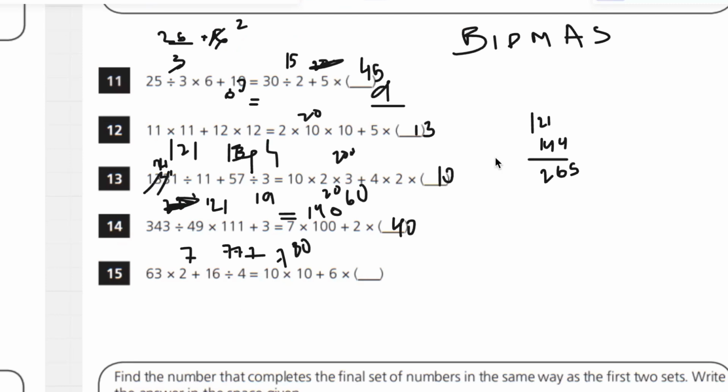And then 15 is 63 times 2, which is 126 plus 16 divided by 4. Let's divide these first. It's going to be 4, which is equal to 130. And then 10 times 10 is 100 plus 6 times 5, because we need to make 30.